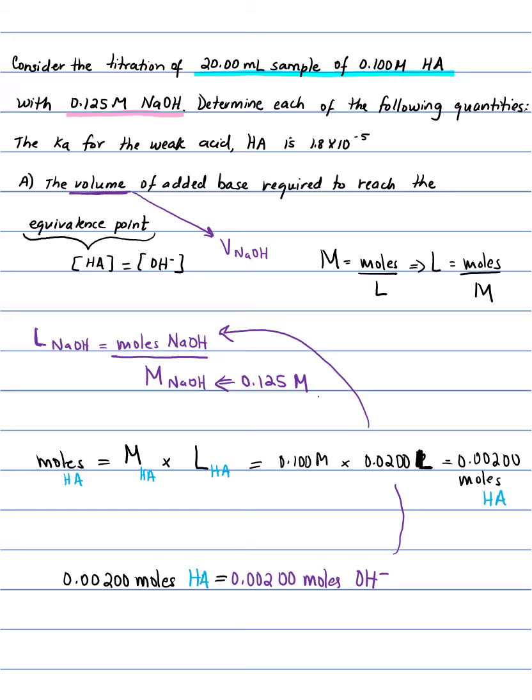So now to get that volume, we're doing the moles of hydroxide divided by the concentration. This concentration here is moles per liter, which means that your moles is canceling out that unit and you're getting a number that is in liters.